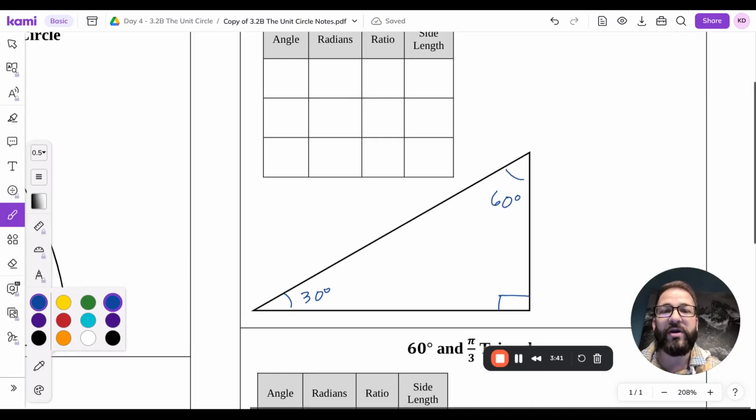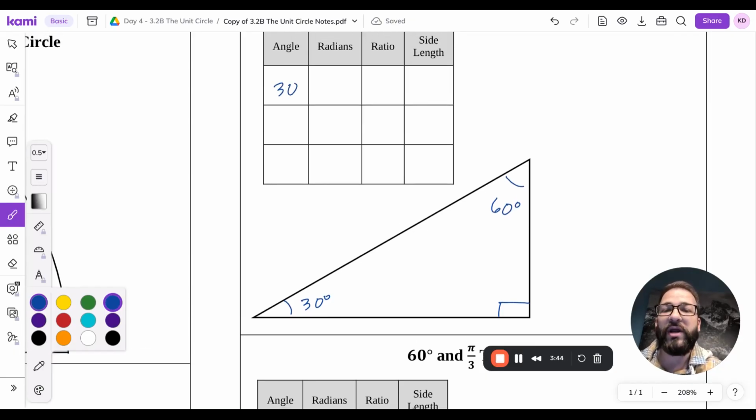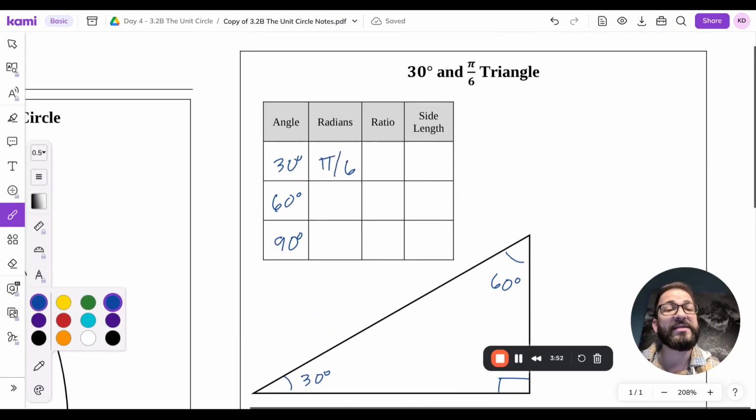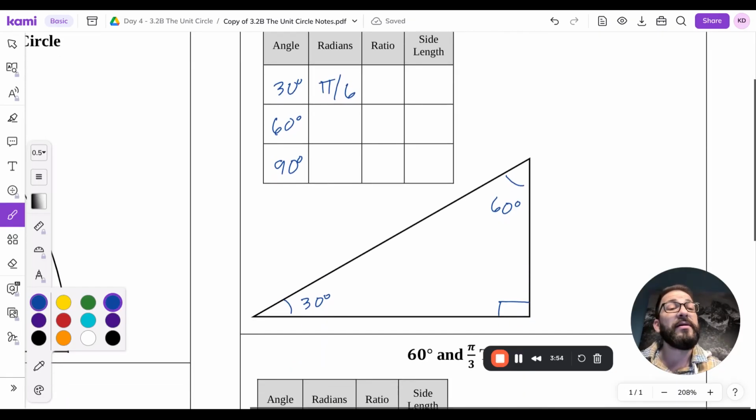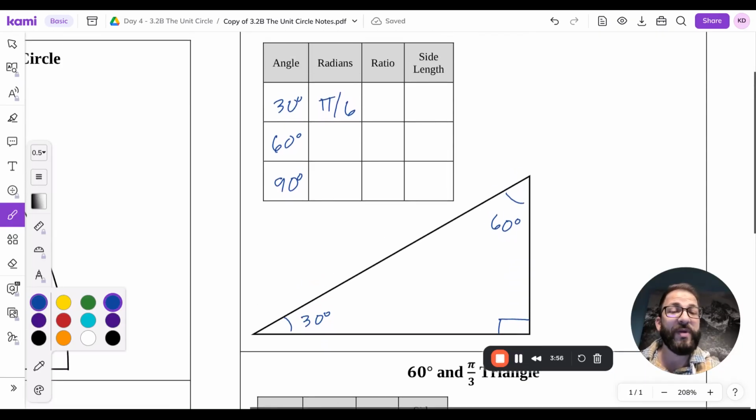For our 30, 60, 90-degree triangle, that would be pi over 6, because it is 1/12 of 2 pi, pi over 3 for 60 degrees, because that'd be 2 pi over 6, and once again pi over 2 for 90 degrees.